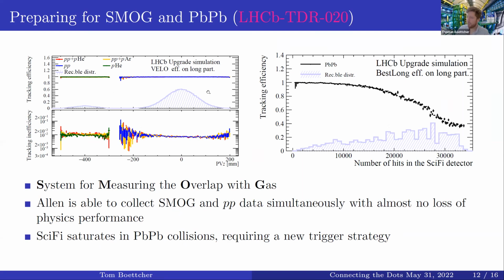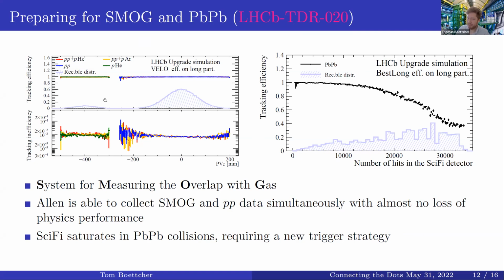This plot on the left shows the distribution of primary vertices for PP data, which is this big lump on the right, and proton-gas data, which is this lump on the left. LHCb will collect data in the proton-proton and proton-gas modes simultaneously.